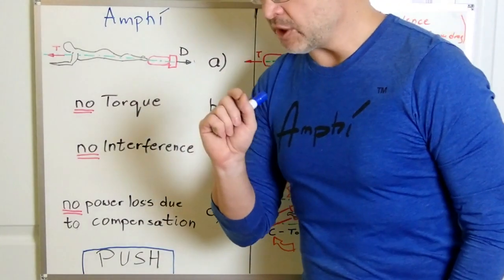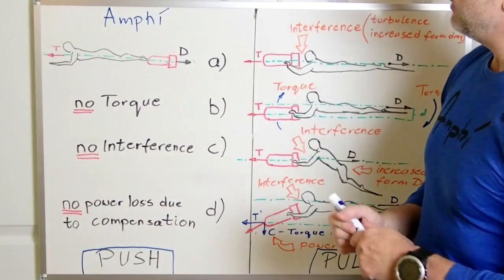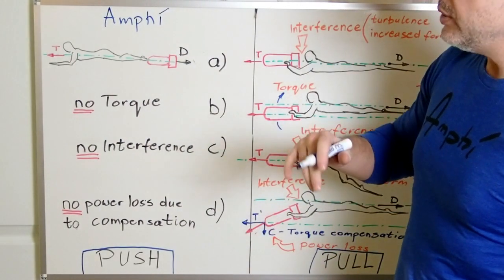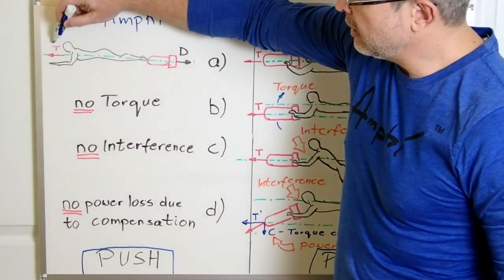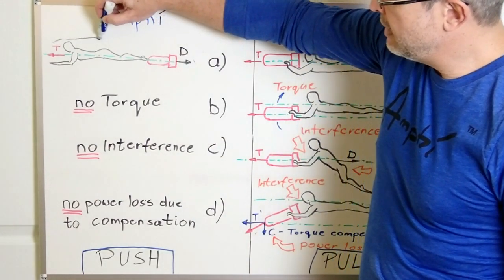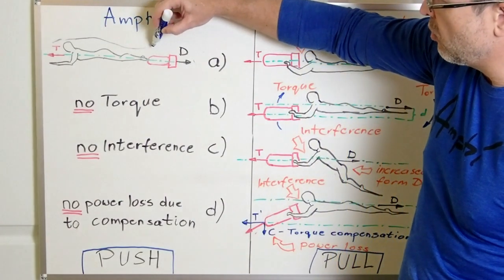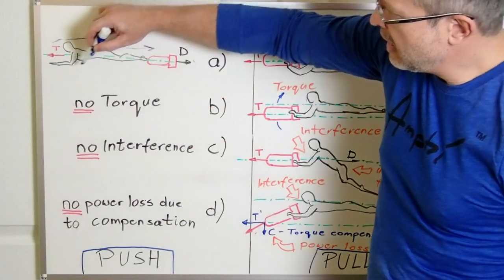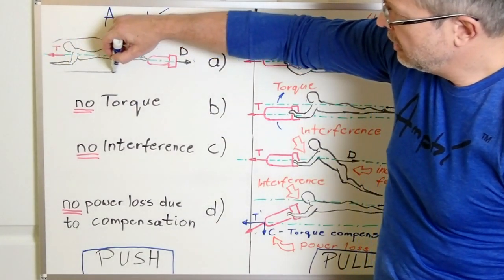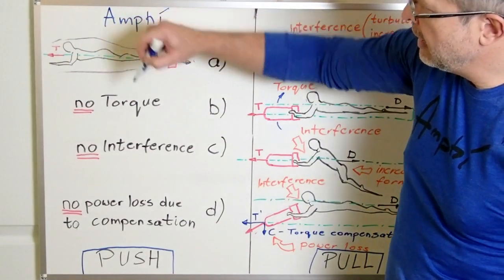And let me mention one more thing. Normally when you swim, your drag will be better or lower if you have a nice and laminar flow here.